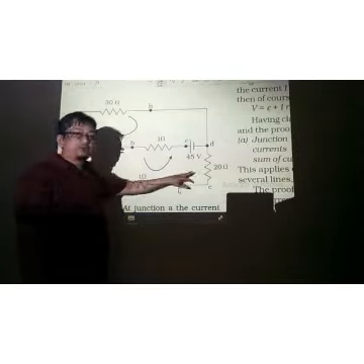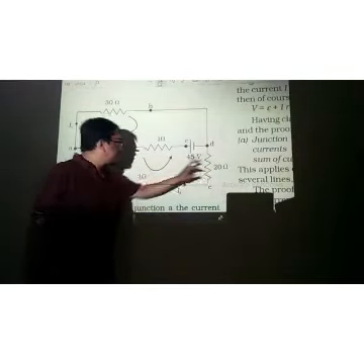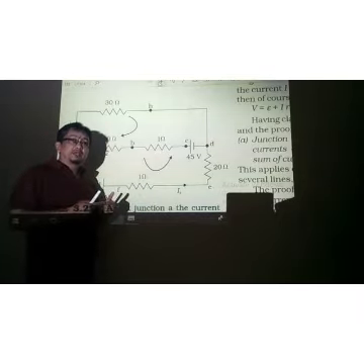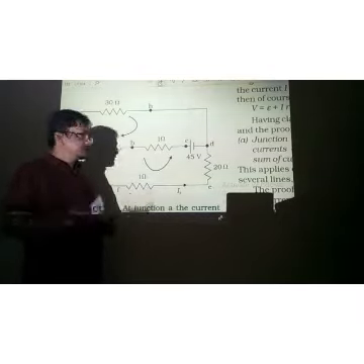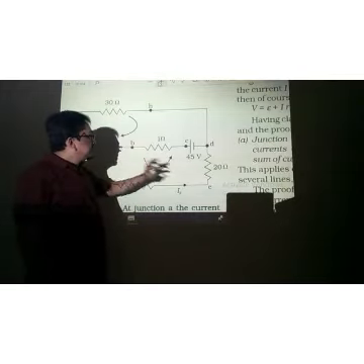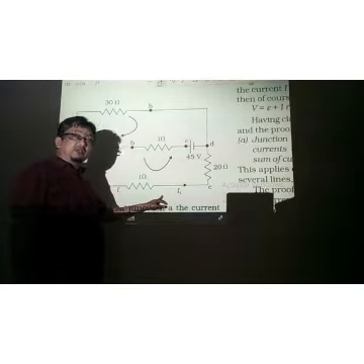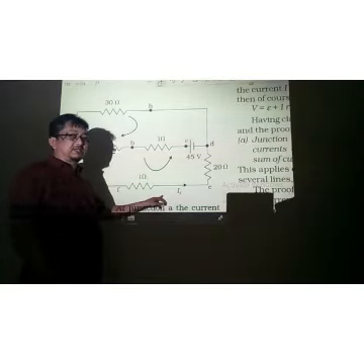You have to add these because the 20 ohm and 1 ohm are both in series, so we take the sum of them: 21 ohm. So 21 I2, and its sign will be positive.